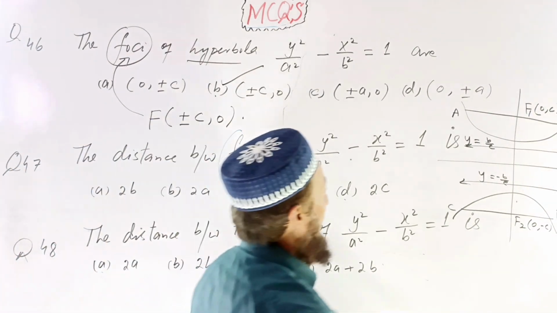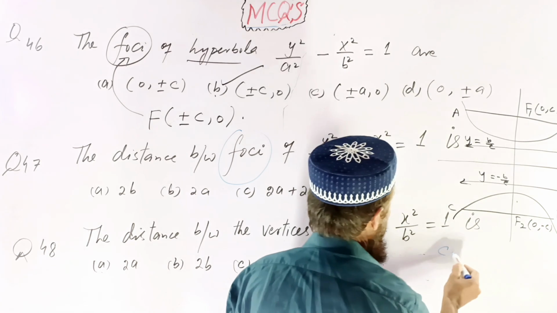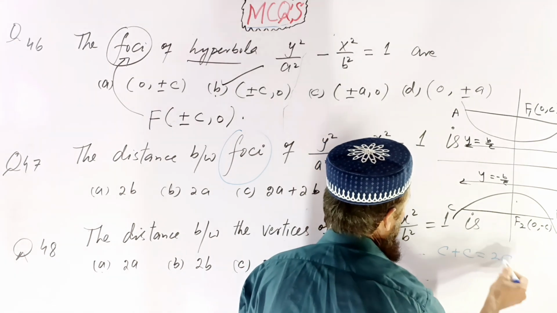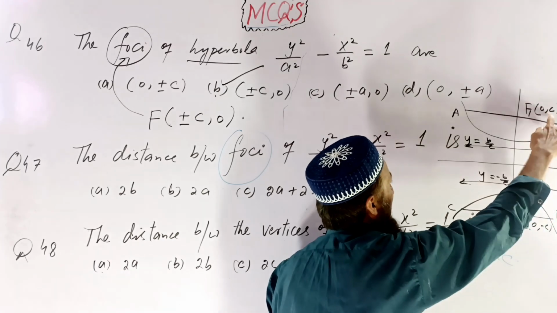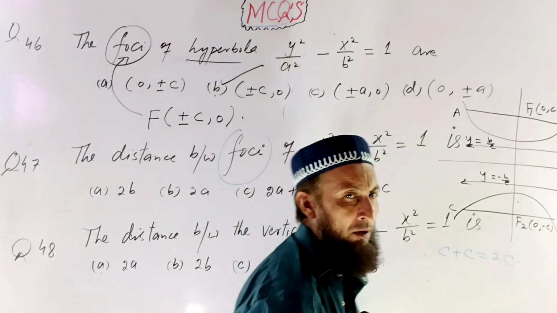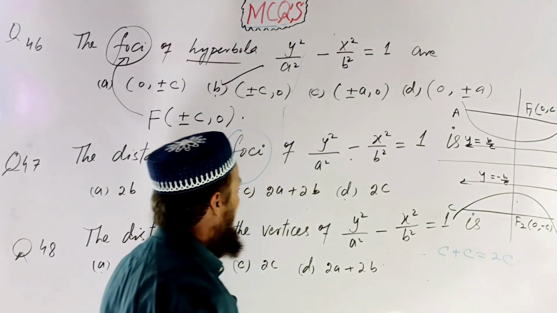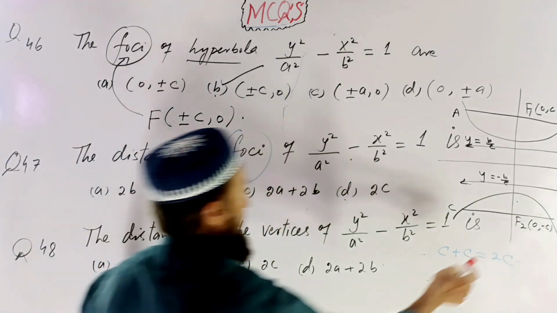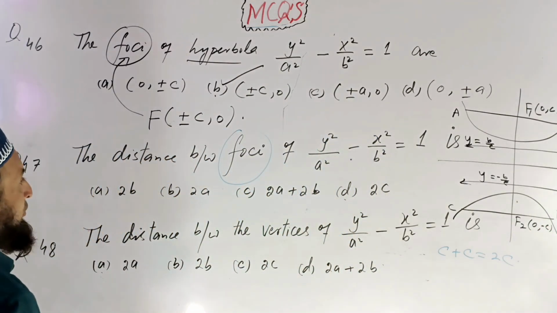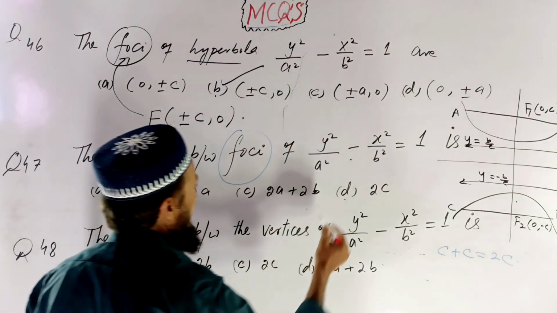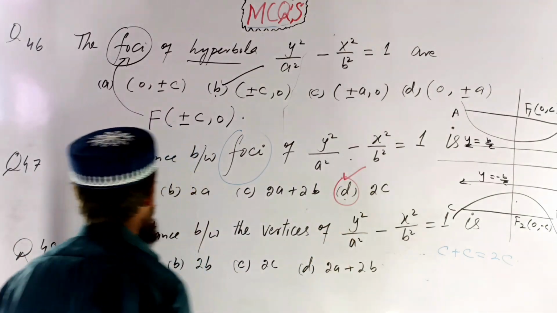It is the value of c and c. For c plus c we can write 2c. We add these two points, c plus c; the minus c we consider positive. So we get here 2c, and option D is the correct option.